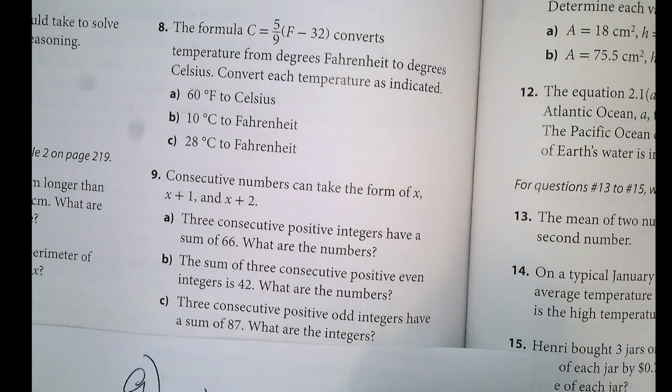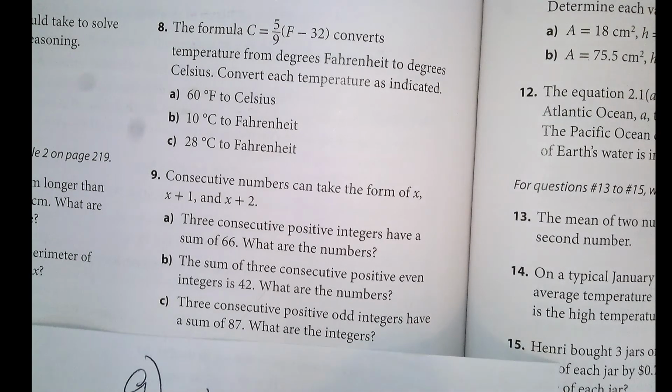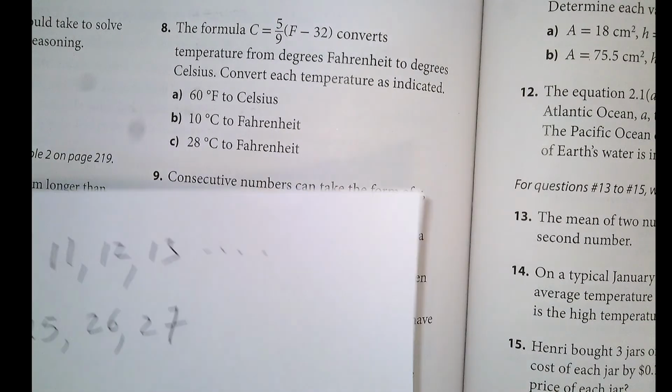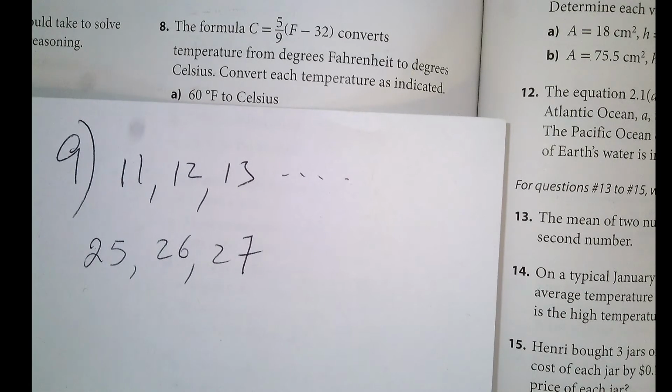That's one example. Another example: 25, 26, 27. So you're looking at 2 examples of consecutive numbers.